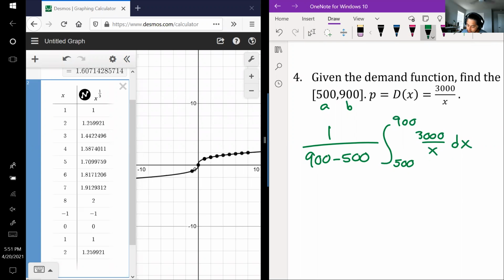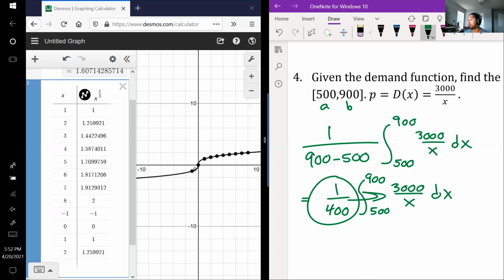So this will give us 1 over 400 times the integral from 500 to 900 of 3,000 over x dx. So what this problem wants us to do, which is whatever, it's my MATLAB, is you're going to multiply this fraction inside.